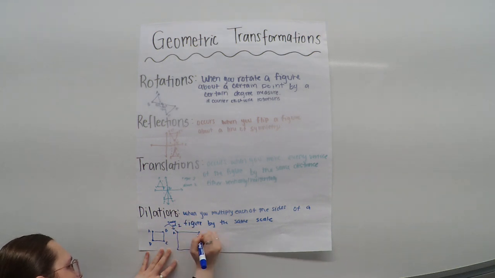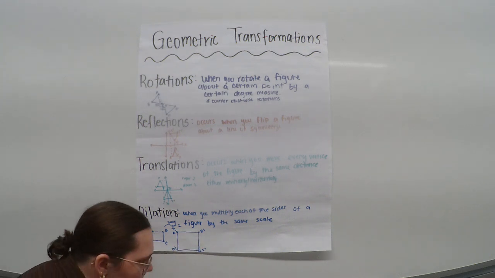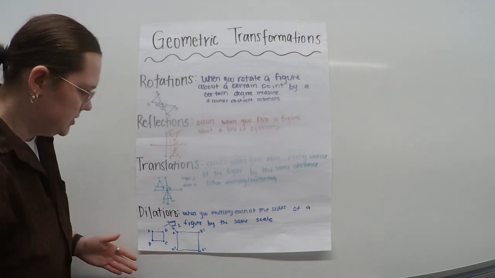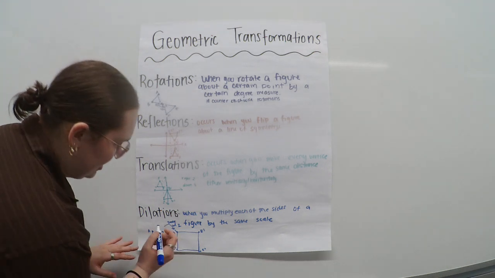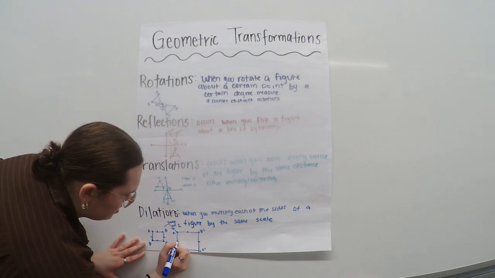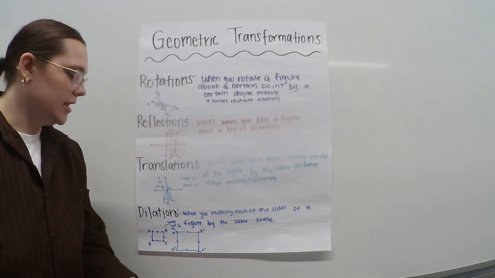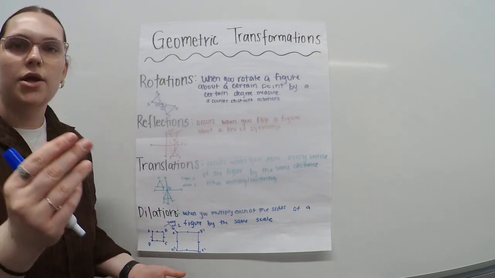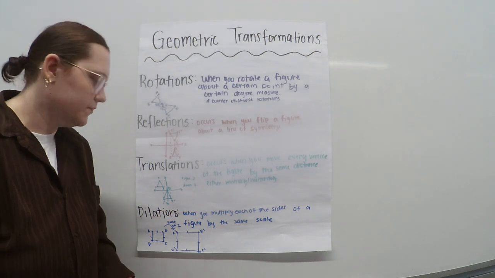And then I have A prime, B prime, C prime, and D prime. But notice that since I'm working with a square, all of my side lengths are still the same. It might not look like it, but this is my goal of having a square. And all of my angle measurements are preserved. Now my side lengths are multiplied by a scale factor of 2, but for a square, you know you have to have all congruent sides.